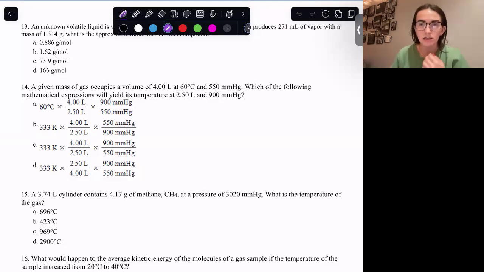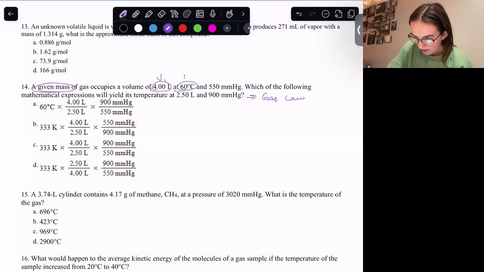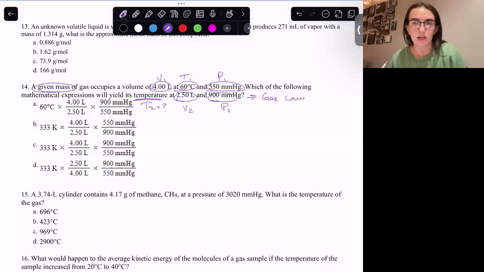So what we're looking at here is gas laws. We're saying that a given mass occupies a volume, a temperature, and a pressure, and we're asked for its temperature at a given volume and a given pressure if we change the volume and pressure.